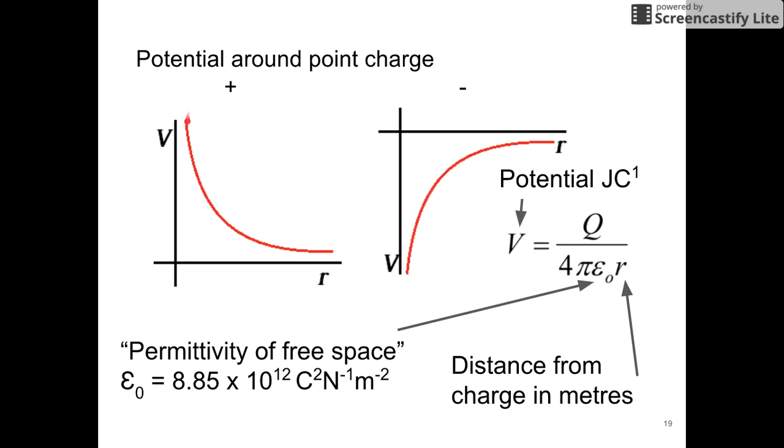You'll notice it's a different shape. It's a perfect hyperbola here, and that's because the potential, just like gravitational potential, is the charge that's setting it up, big Q, divided by 4 pi epsilon naught, the same constant, but this time just divided by r, not r squared, and so that's why it's a hyperbola shape there.